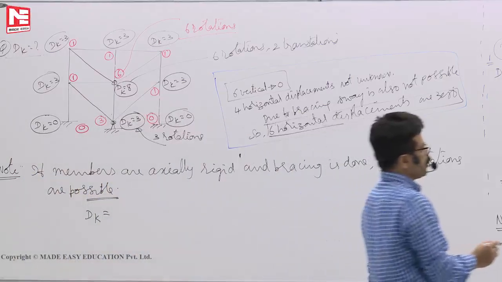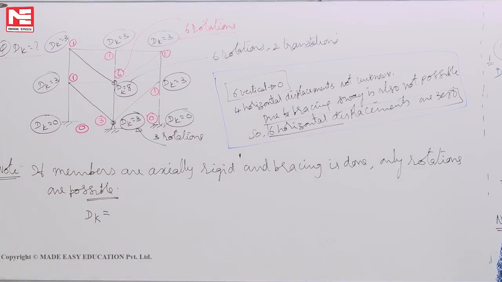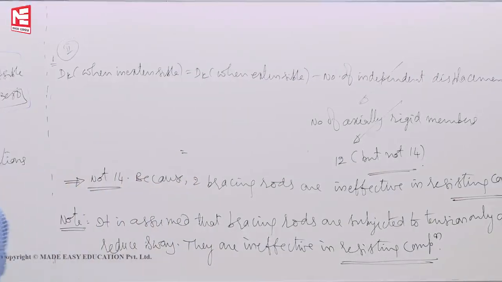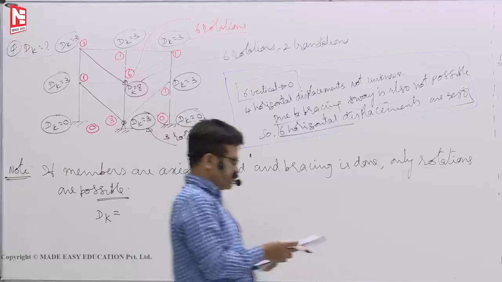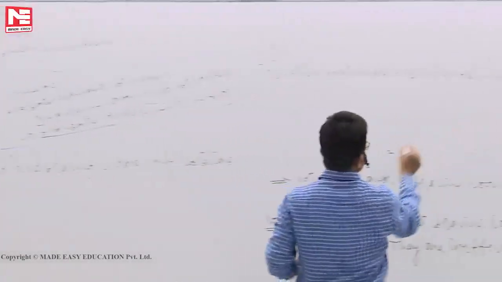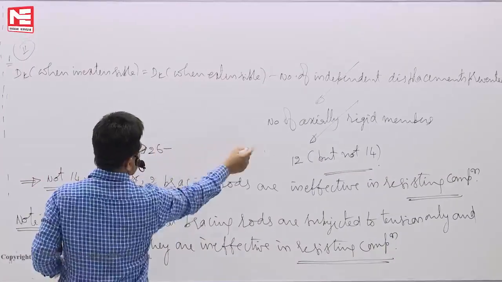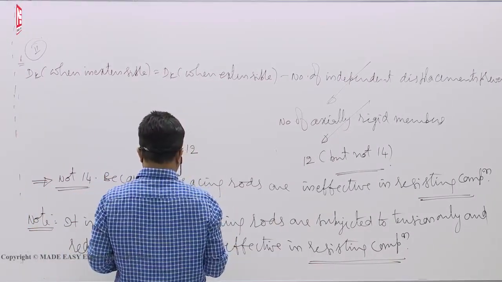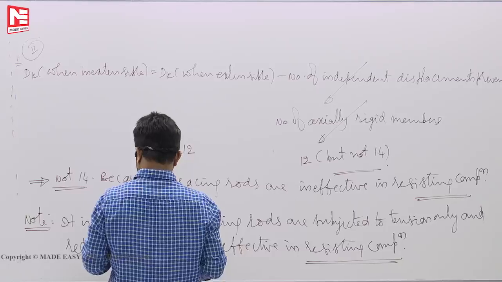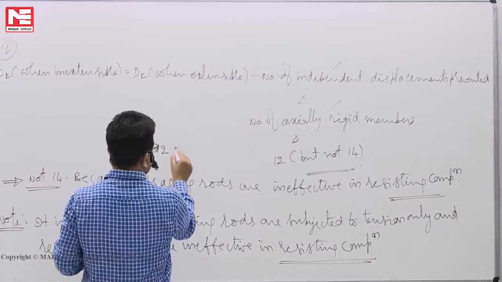If you come back to this one, dk when extensible, how much did you calculate? Total value was, I'll repeat this one, 26. When extensible it is 26, minus axially rigid members, which are 12. So you will get 14 degrees.